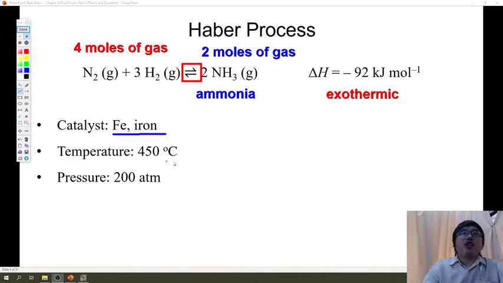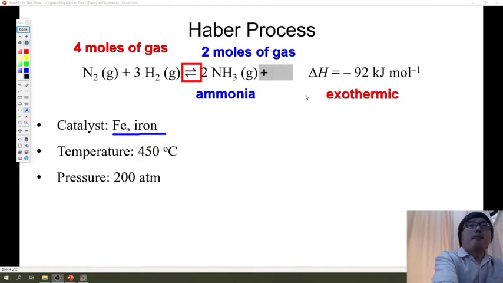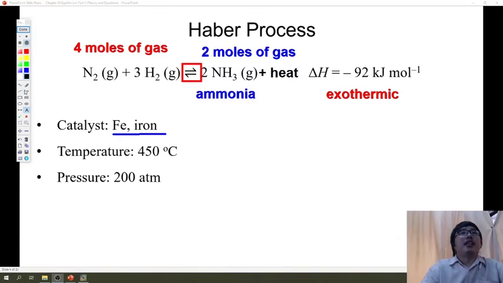Next thing we note is that they use a high temperature. What did I teach you last time? First, because it is exothermic, heat is on the product side. If you use a high temperature, heat increases, then the equilibrium shifts to the left.